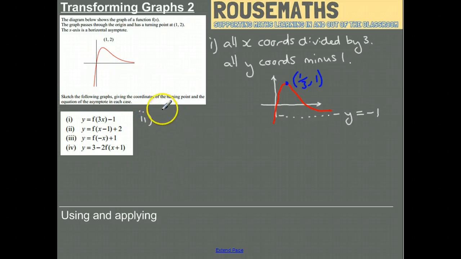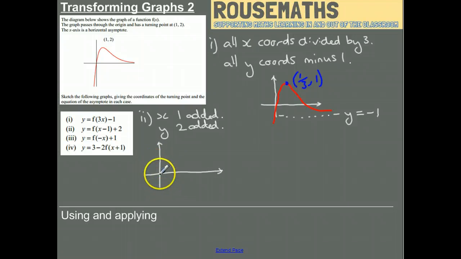For number 2, what will happen to x coordinates this time is the x coordinates have 1 added onto them and the y have 2 added onto them. So this means that for this one, the graph will be moved 1 right and then 2 up.